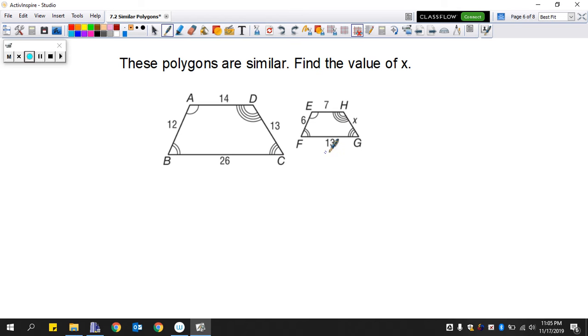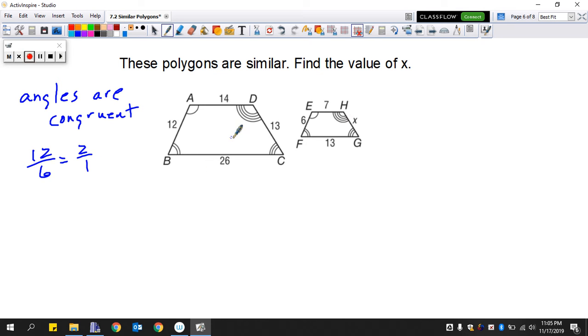Once again, we can see real quickly that all four angles are congruent. The angles are congruent, so then all we have to do is just check our ratios. So we have 12 to 6, which is 2 to 1.